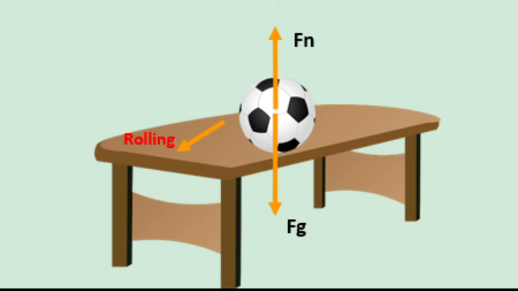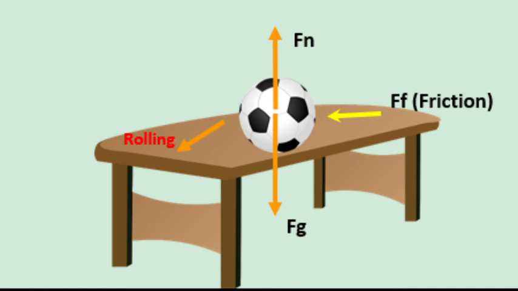However, there is another force that acts on the ball along the horizontal line, or along the force that sets the ball in motion. Do you still remember your lesson on friction in lower grades? You've learned that friction is a force that acts between surfaces that are in contact with one another.